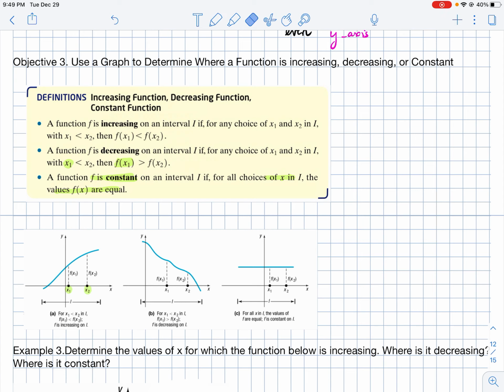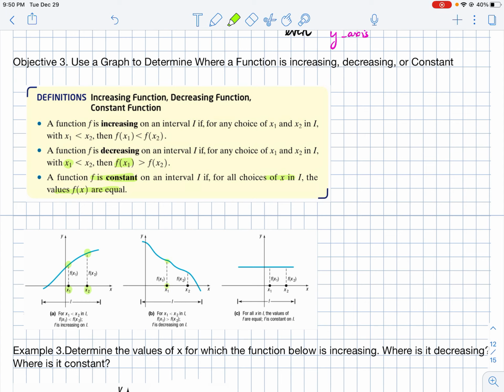The one on the left side is smaller. Okay, always like that. So x1 is smaller. Now look at f of x1, you have this point, and f of x2, you have that point. You can see that f of x1 is smaller. When x1 is smaller, f of x1 is smaller.